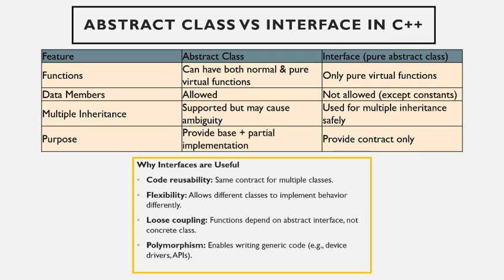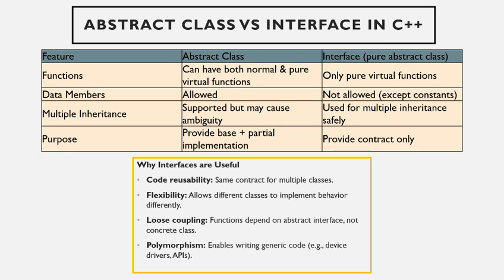Abstract classes support multiple inheritance but may cause ambiguity, while interfaces are used for multiple inheritance safely. The purpose of an abstract class is to provide a base plus partial implementation, while an interface provides a contract only.